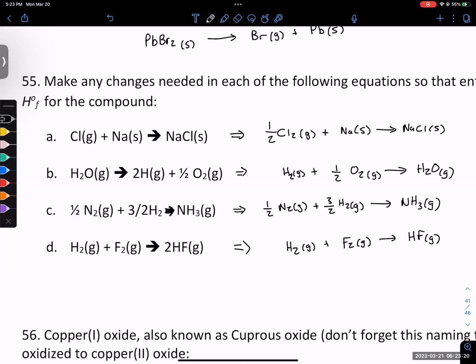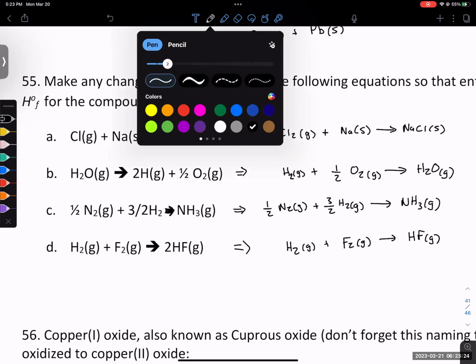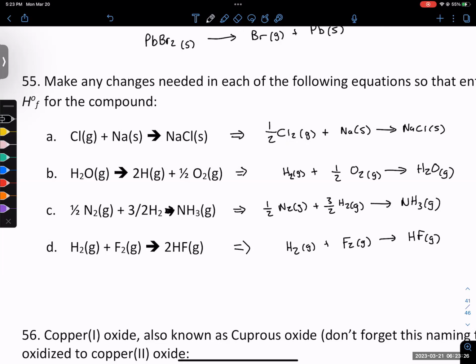And we need to make sure that they're balanced, right? So what coefficients should we put in front of H2 and F2? 1/2, right? 1/2, 1/2. That's how you would balance that one.